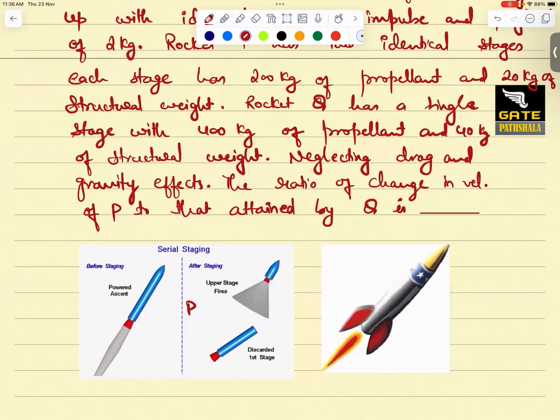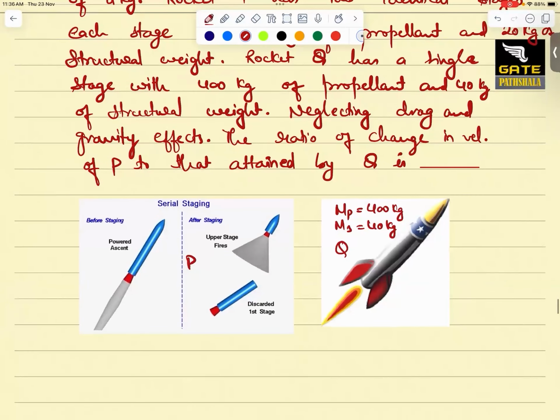So the mass of the propellant in rocket Q is 400 kg and the mass of the structure is 40 kg. Whereas in P, you have to add up both stages, per stage it is given.